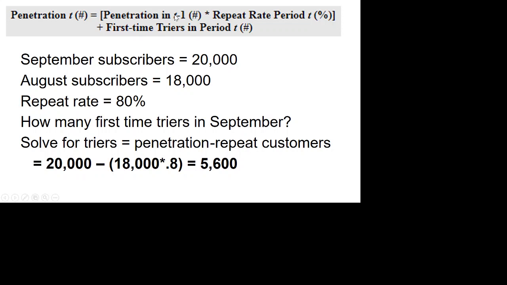That is your penetration, T minus 1. You've got a repeat rate of 80%. And again, you're solving for first-time triers. You move things around, and you end up with 5,600. You take the number of this period, subtract the repeat customers from last period, and the difference is those who are trying for the very first time, and that's 5,600.